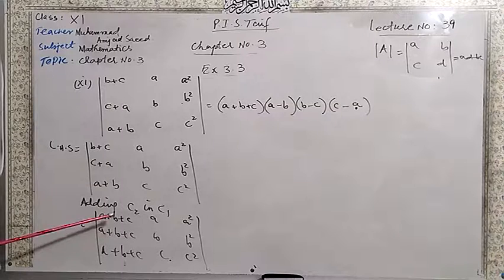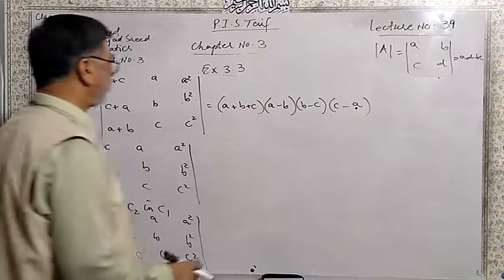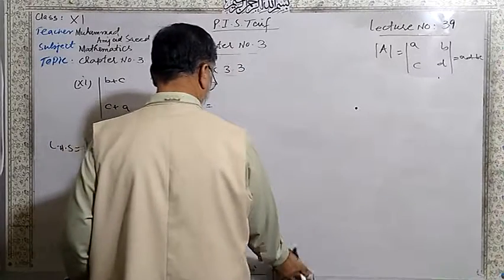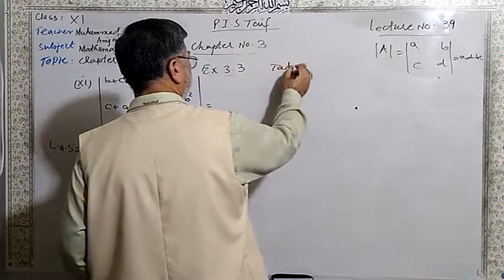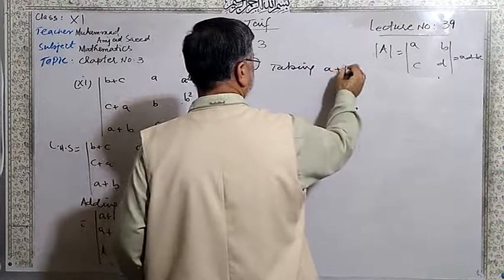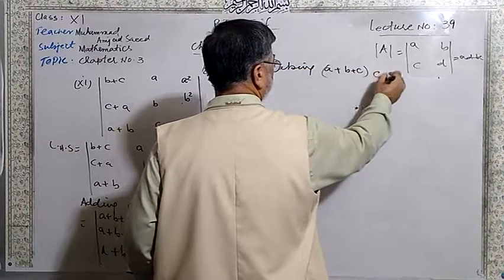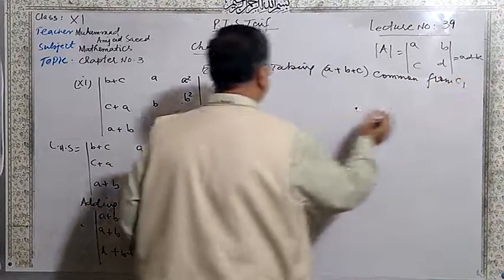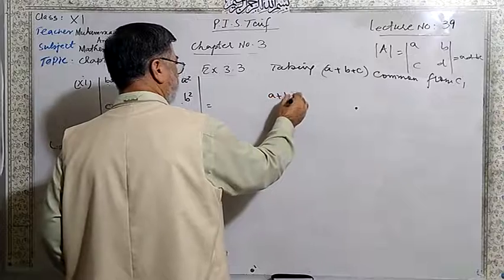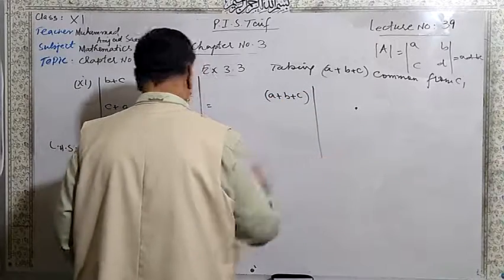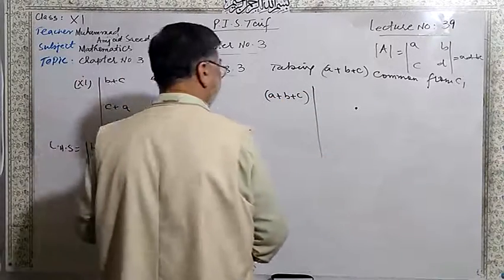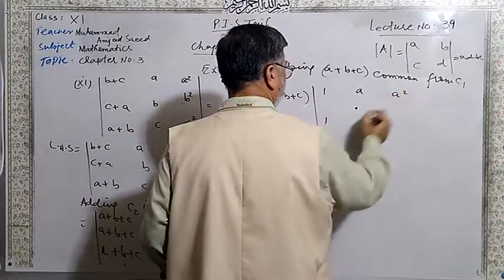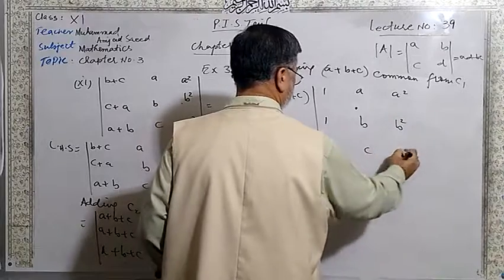Taking A plus B plus C common from C1, inside we have 1, 1 and 1, A square, B square, C square.